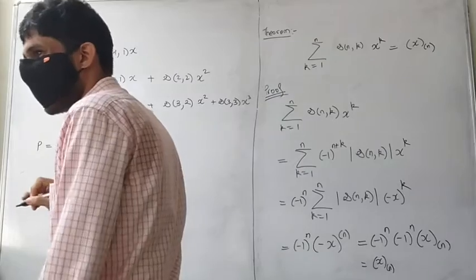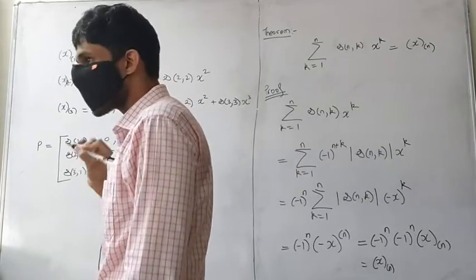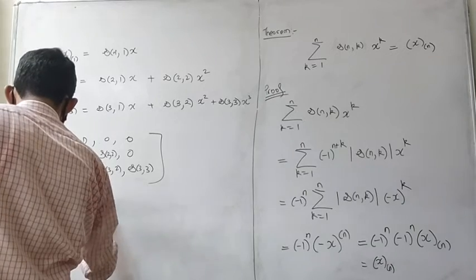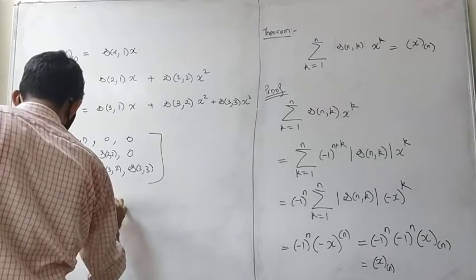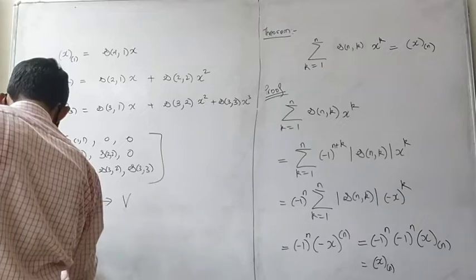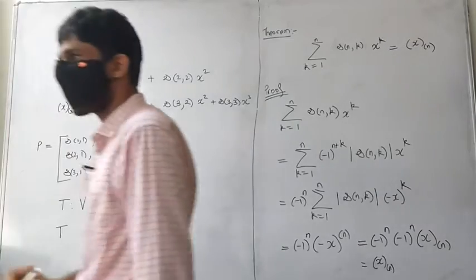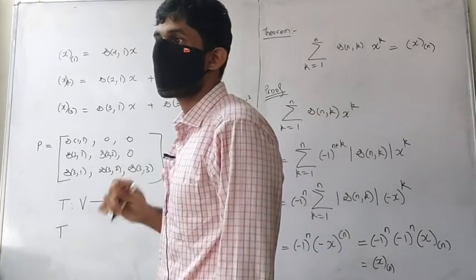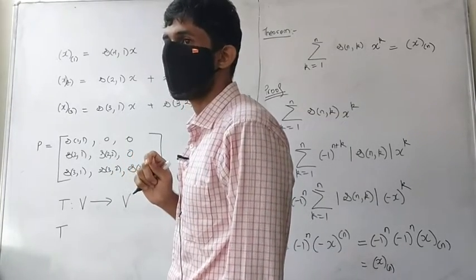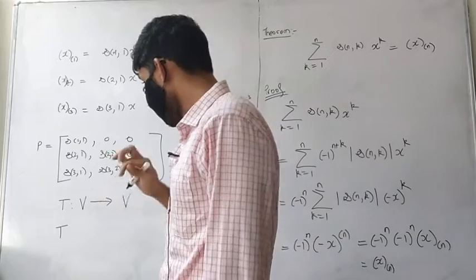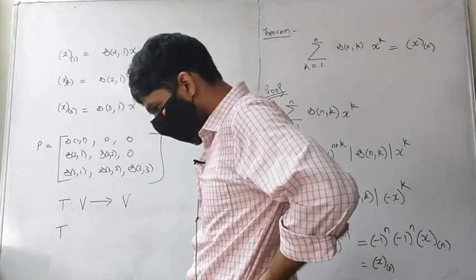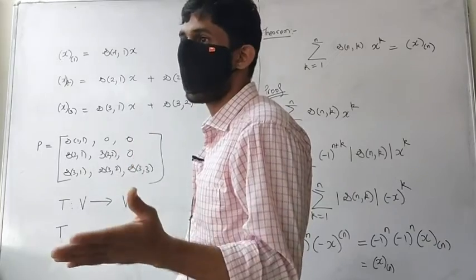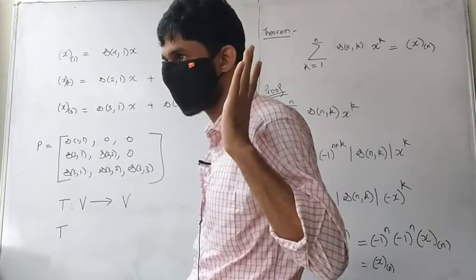Let's call that vector space V. You can look at the transformation T that takes V to V in this manner. We know that to define a linear map uniquely, you just need to tell where you are taking your basis elements.